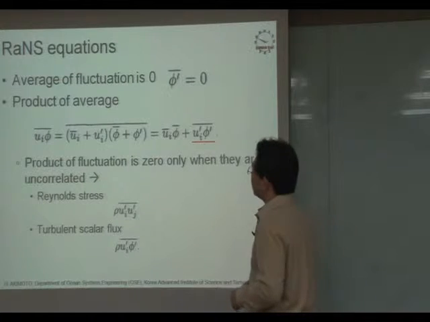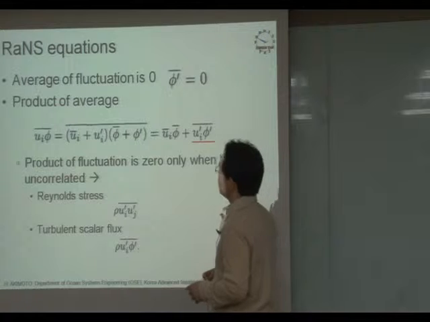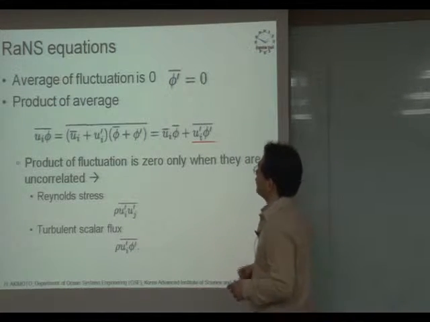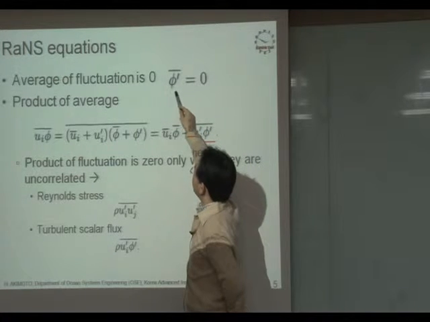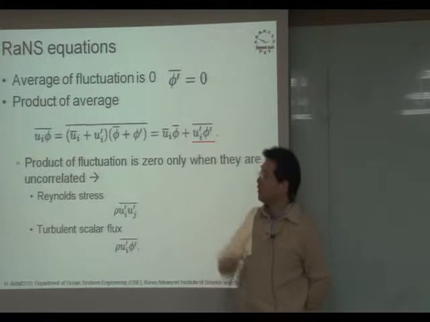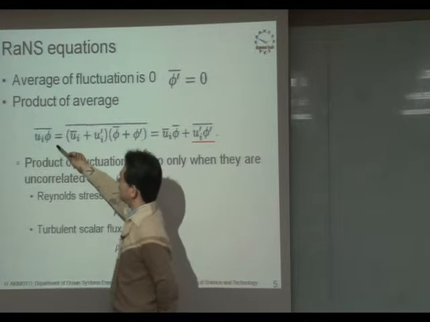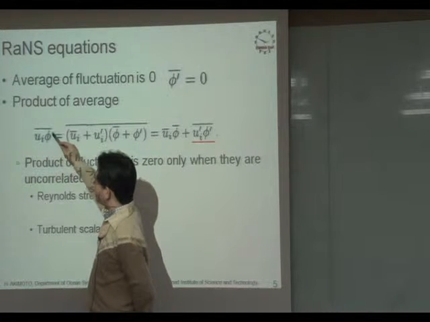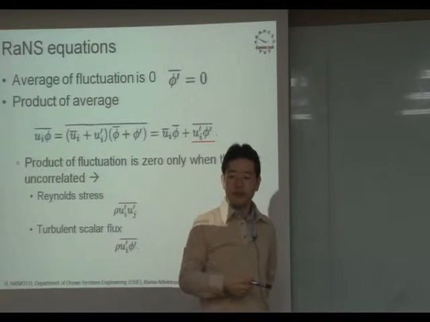The concept of constructing RANS equations is this one. If we have fluctuations, by definition, the time average of fluctuation is equal to 0. So consider this product of two components, in this case, one is the u component of velocity and the other is a scalar quantity in the flow field.